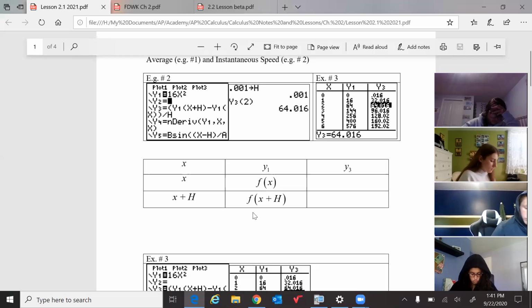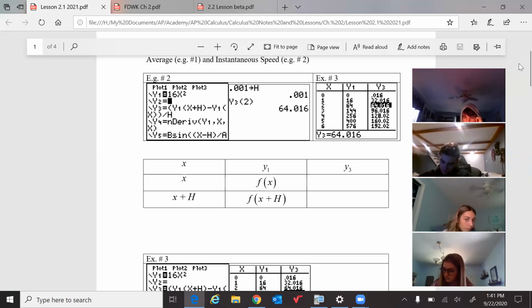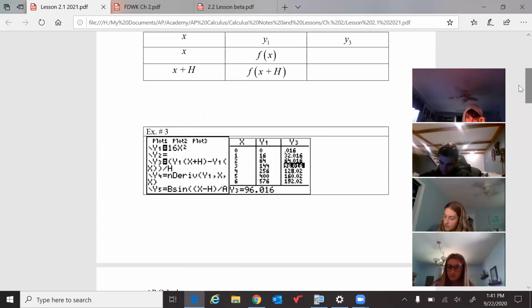We're not going to give you a lot of time to do example 3 because the answer's right here. Here's the table. They want to know what the speed is, what the velocity is at time 3. When I look at this table, at 2, the rock had fallen 64 feet after 2 seconds.